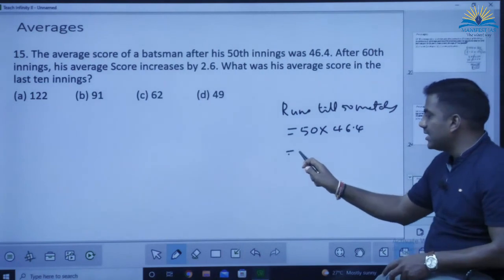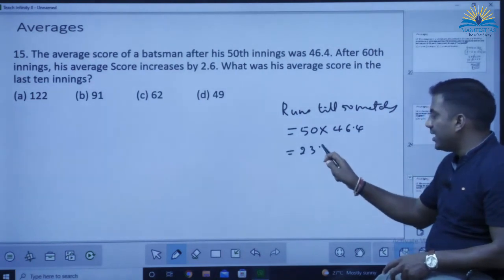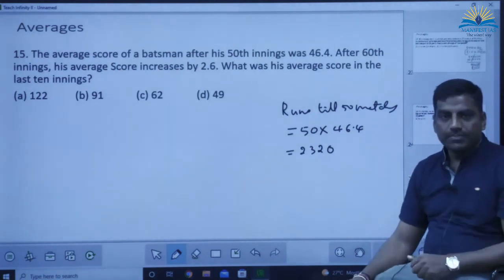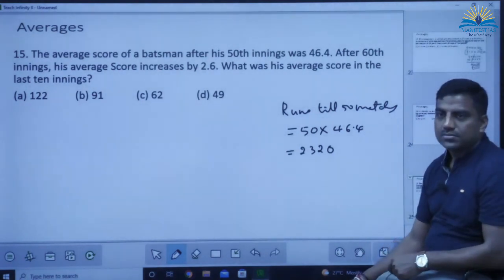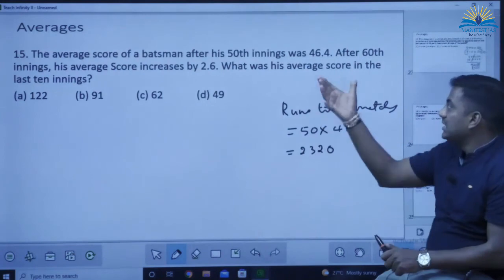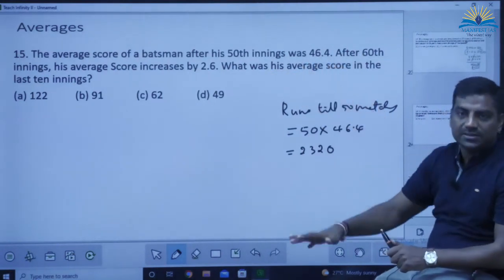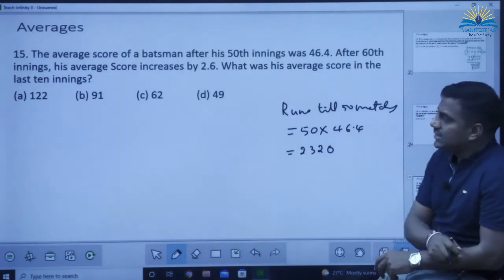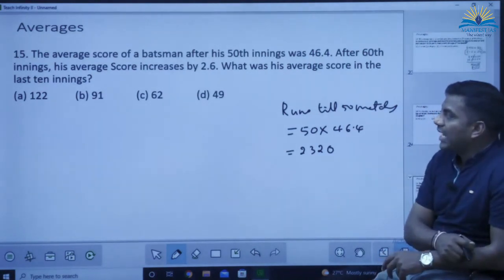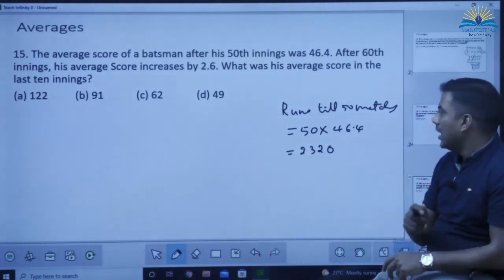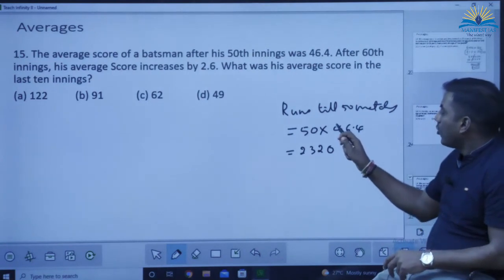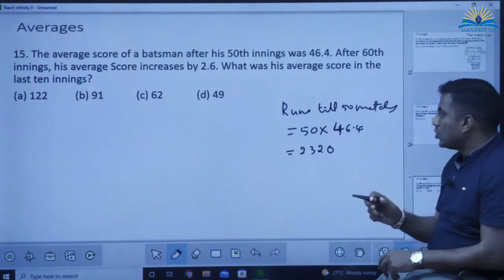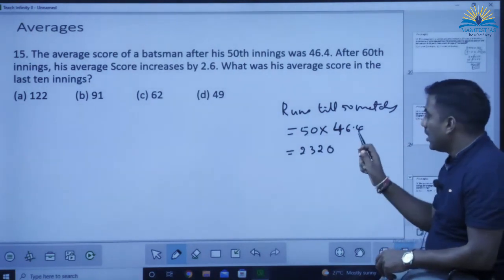If you calculate, this is 2320. Are you getting it or not? His average is 46.4 for 50 innings. Then, after the 60th innings, his average score increases by 2.6. Earlier it was 46.4. It increased by 2.6. So what is the average now?